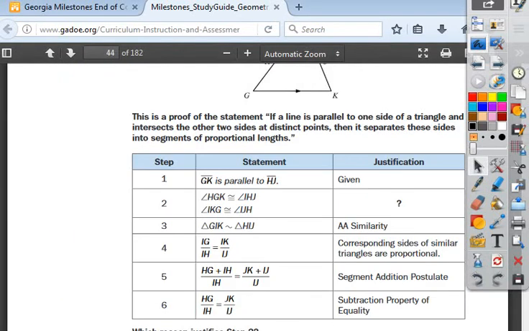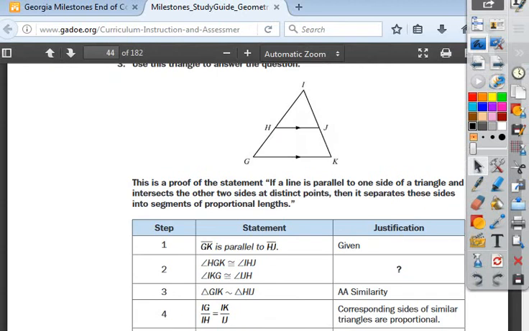All right, here's one I was talking about. They're asking for this step right here. Angle HGK is equal to angle IHJ, and IKJ is equal to that. Why would those be the same? What's the rule? These are parallel lines. What kind of angles were those?